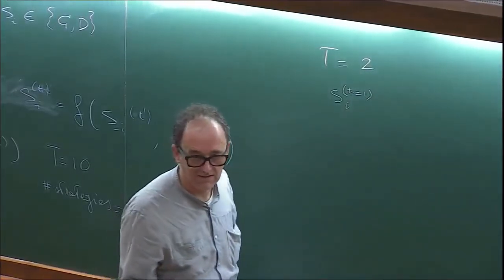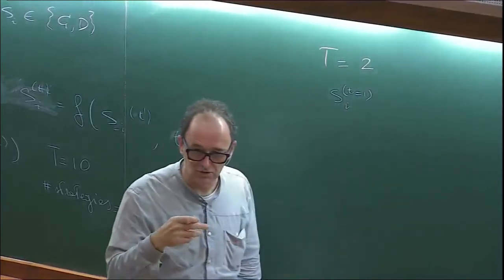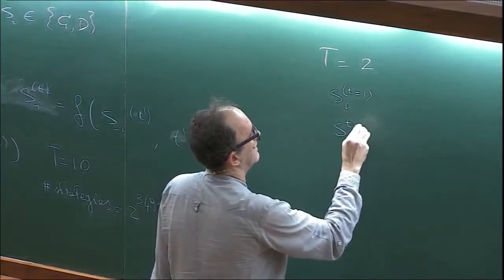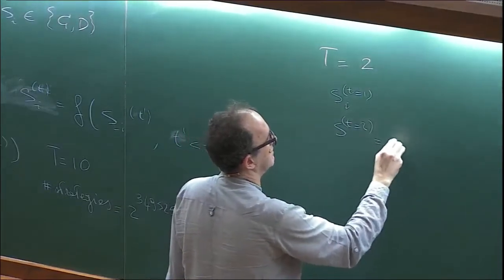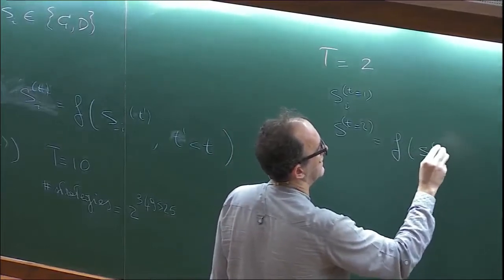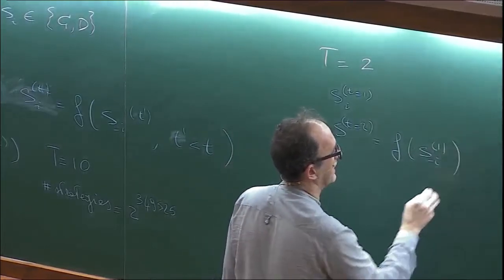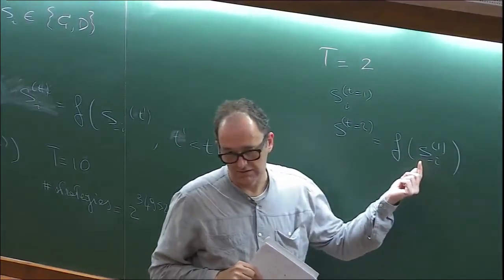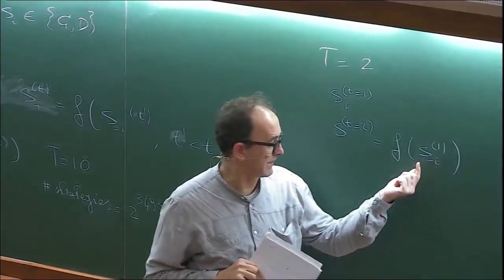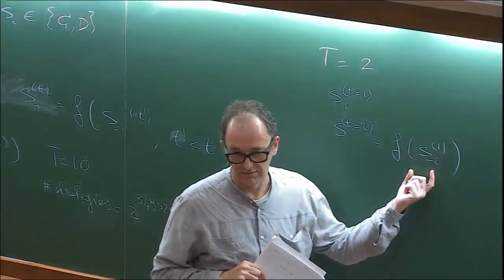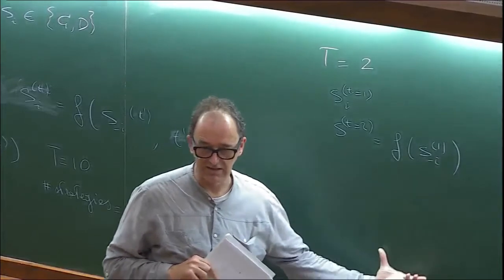At time 2, it will be a function of the strategy of the opponent at time 1, which can be either C or D. How many functions of this type do you have? You have 4 functions. And you can go on like this.